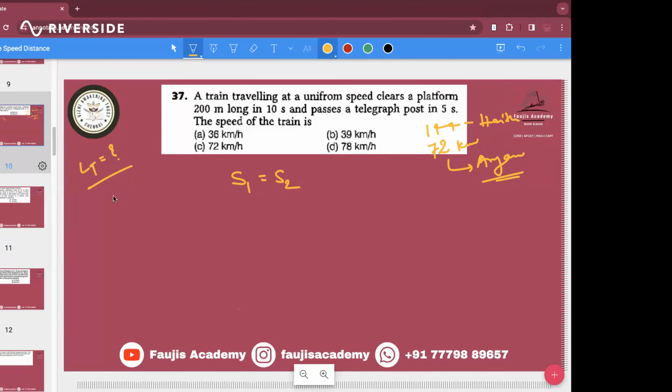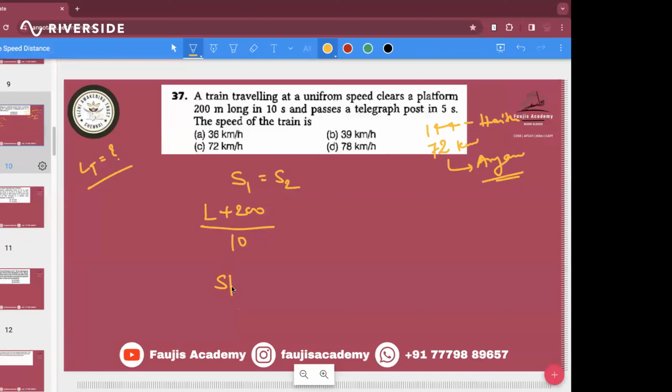If you don't know the length of the train, at least assume X, right? For the class, not just for Aryan. If you assume the length of the train as, let's say, L, plus the length of the platform, this is the total distance divided by time, that is 10 seconds the train takes to clear that platform.